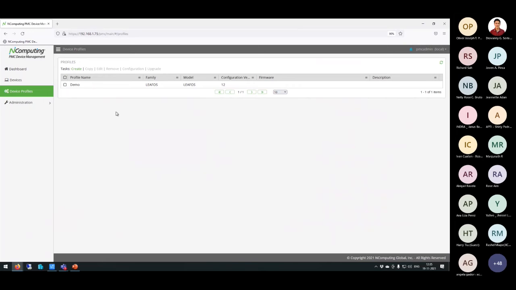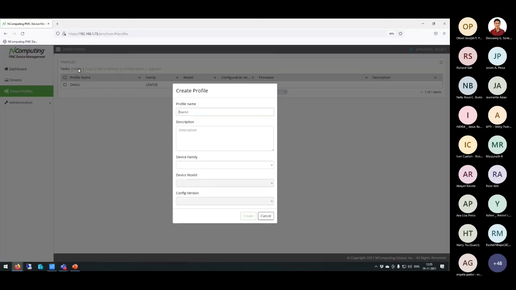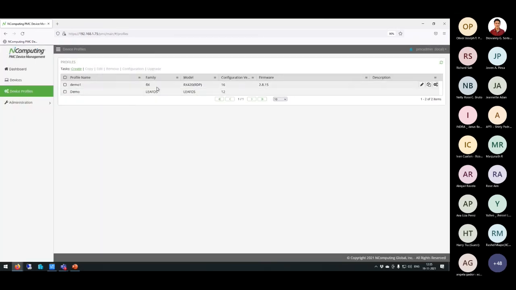Once you have created your profile, simply click on create, start, give a name, and choose whichever model you want to create a profile for. I'll choose RX 420 RDP, then choose the version, and create. So here one profile is created.